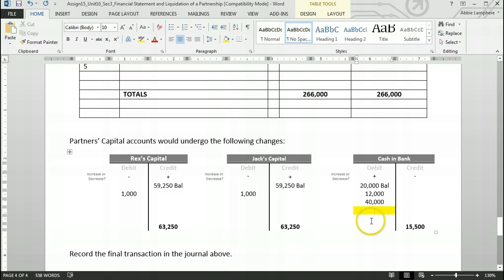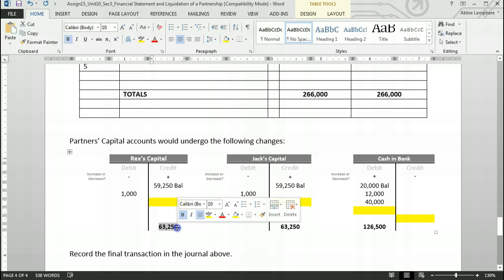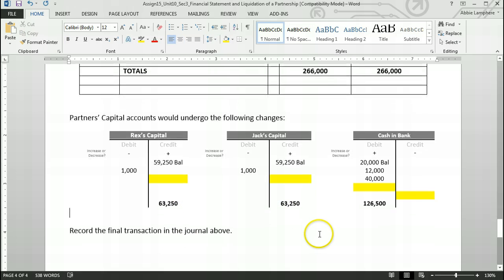You should have an amount here, and you should have an amount here in your cash and bank. Oops, and this is not the correct balance. It should actually be on this side, 126,500. So you still need two numbers that are going to affect your cash and bank. You still have one amount that's going to affect your capital account. And when you're done, again, you should come up with these balances for each of these accounts.